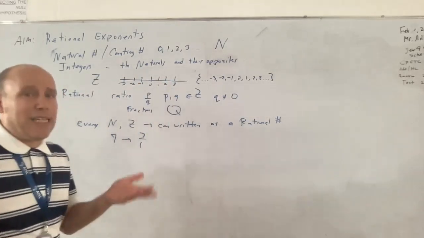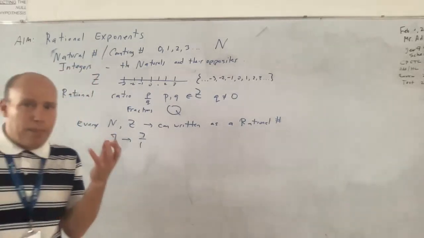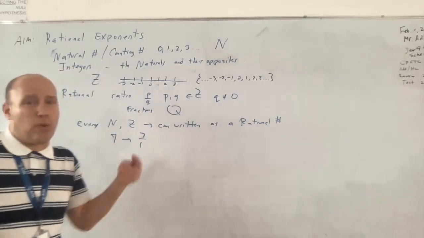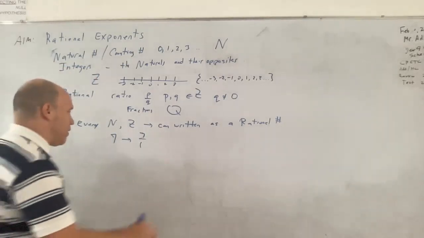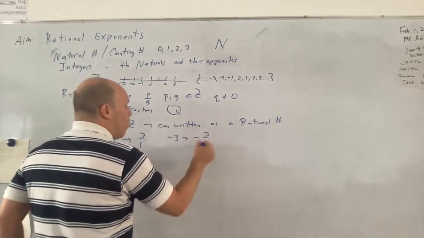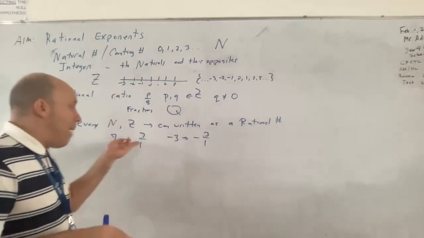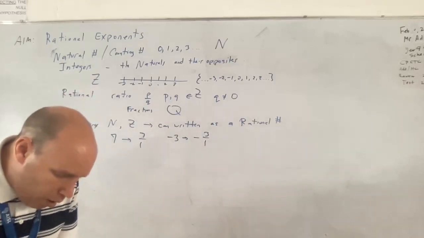We needed this when we did the equations of lines and slopes. We could do it with negative numbers too. For example, negative 3 becomes negative 3 over 1. So every natural number and every integer can be written as a rational number.